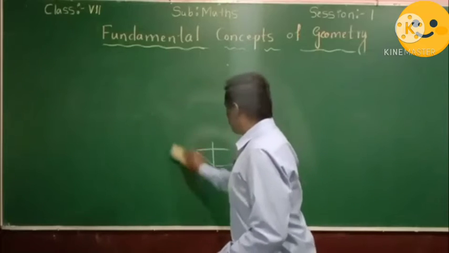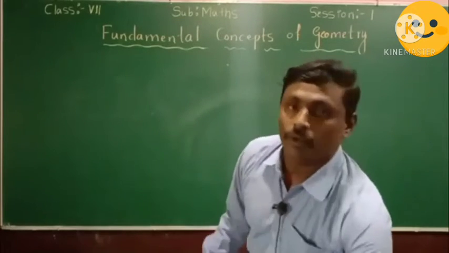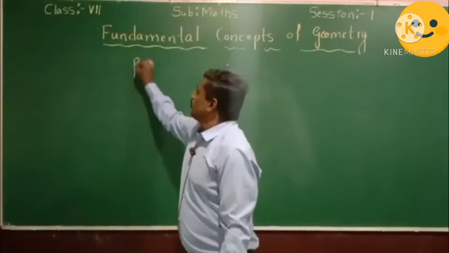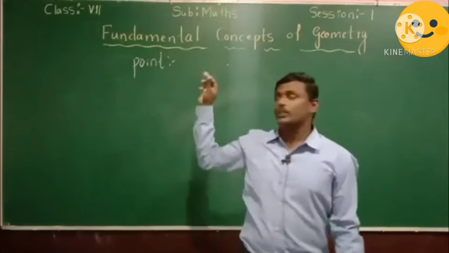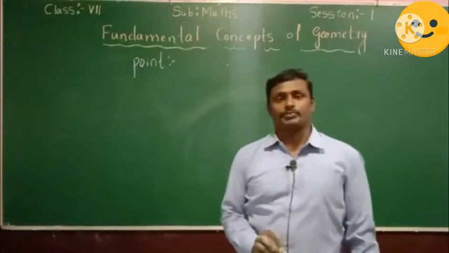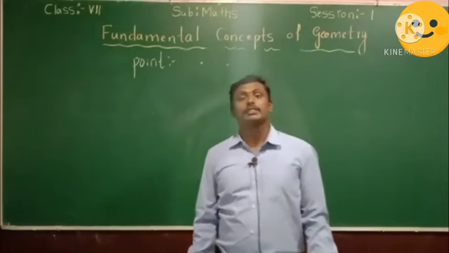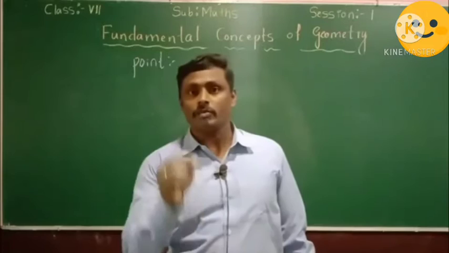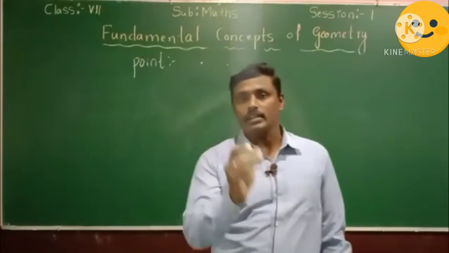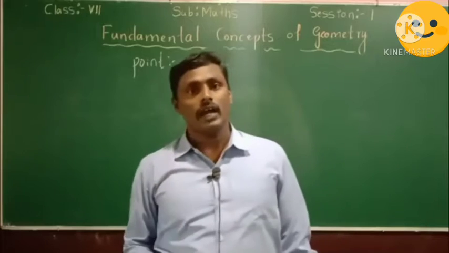Next, come to the first point of your chapter, that is point. This is the first concept of your chapter. Point is a dimensionless unit. Dimensionless means it doesn't have any length, breadth or height.